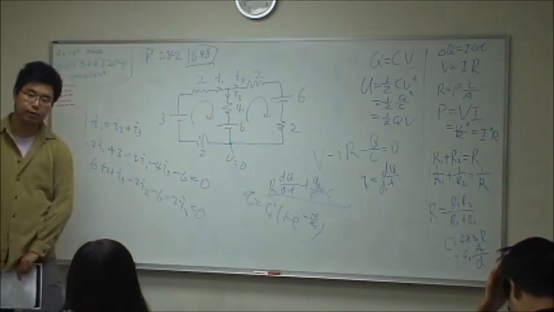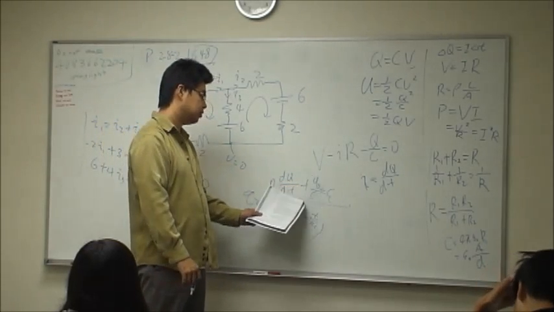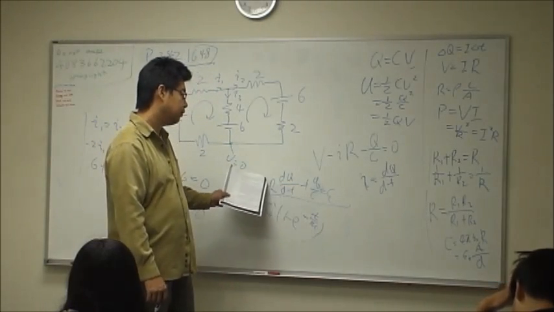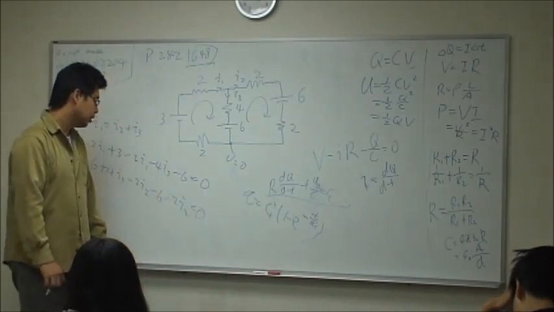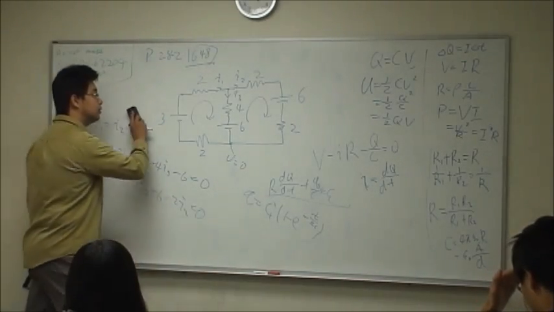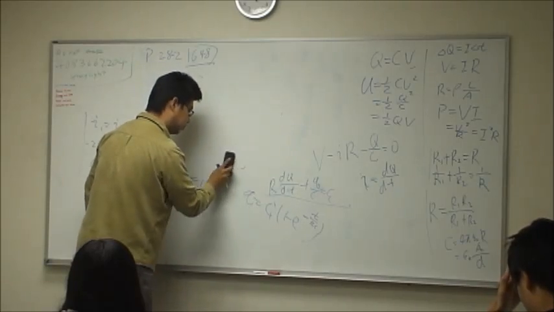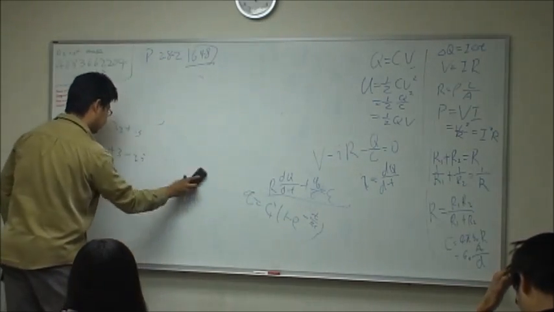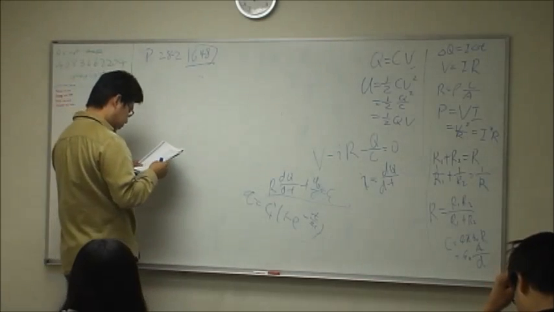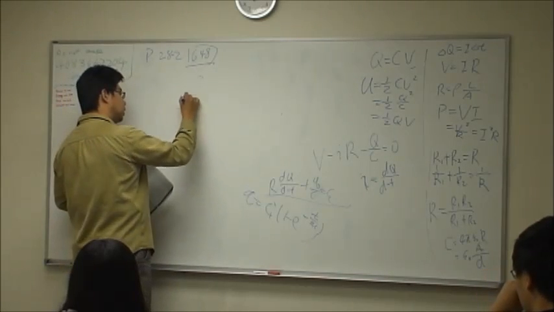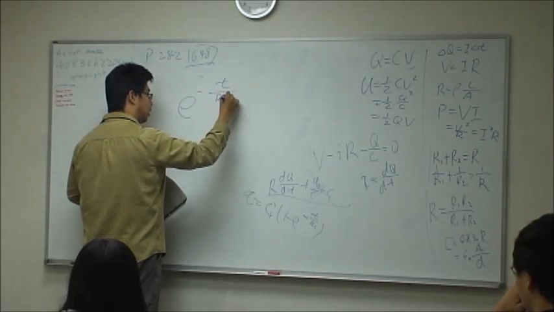Don't worry about the derivation. It's all about the derivative for the capacitor, solving the differential equation and the general solution. The thing I want you to remember is that there is always a term e to the minus t over RC.